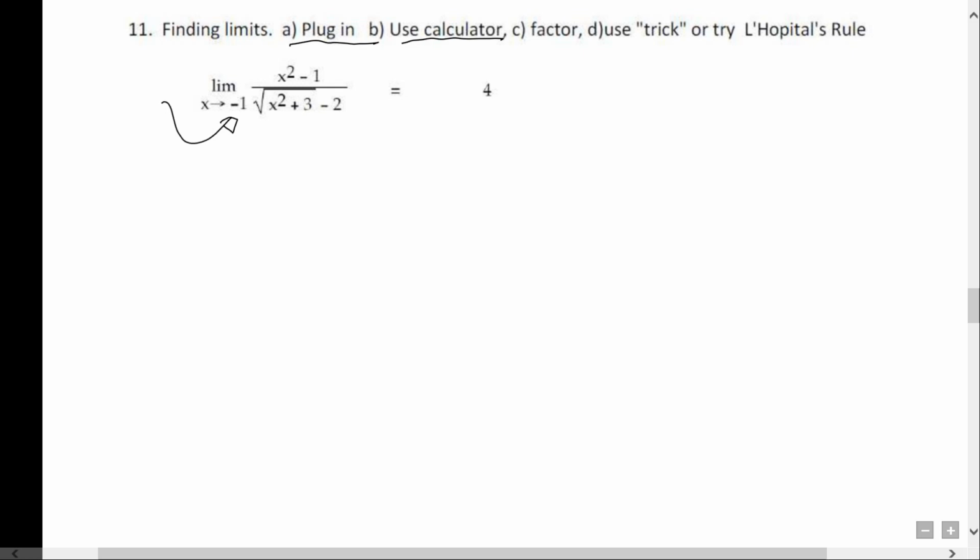You could also sometimes factor out the factor that's going to 0, or you could just use what we call a trick or another strategy. What I'm going to show you here, and the other possibility is to use L'Hopital's rule.